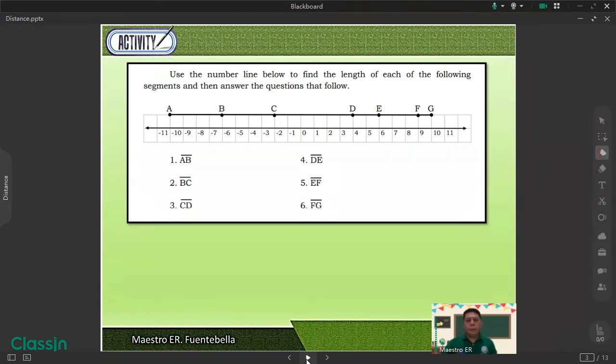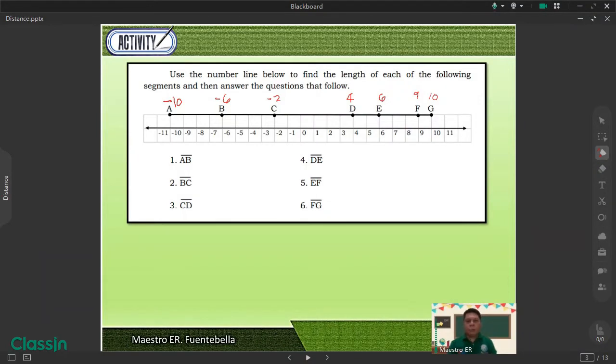We have a given number line from -11 to +11 and given points A, B, C, D, E, F, and G, where point A lies on -10, point B lies on -6, point C lies on -2, point D lies on +4, point E lies on +6, point F lies on +9, and point G lies on +10.